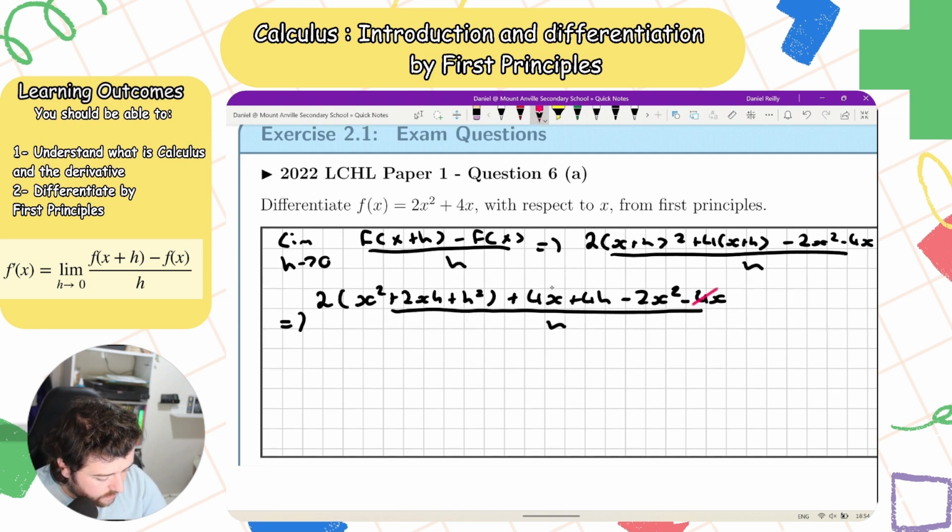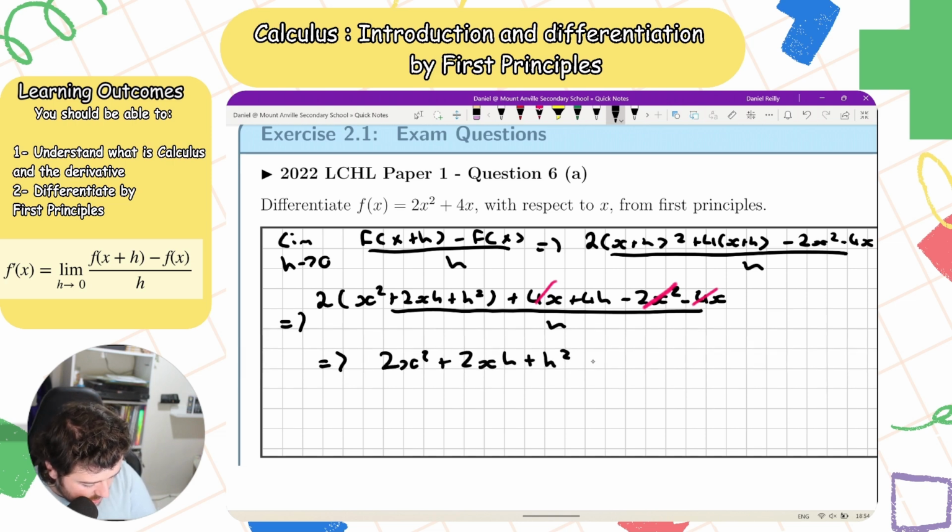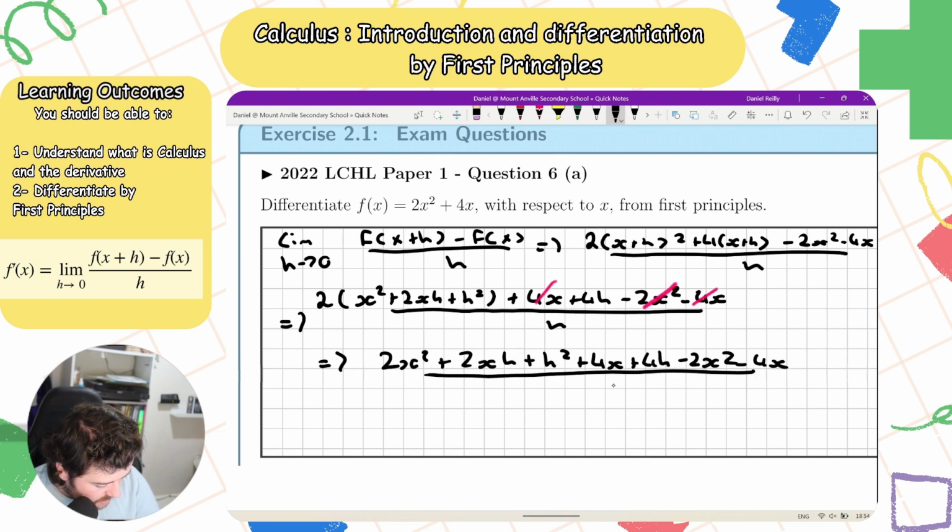Oops, and then multiply this side out: 2x squared plus 2xh plus h squared plus 4x plus 4h minus 2x squared minus 4x, all over h. Sorry, the 2x squared is going to cancel the 2x squared here, and minus 4x is going to cancel the 4x.